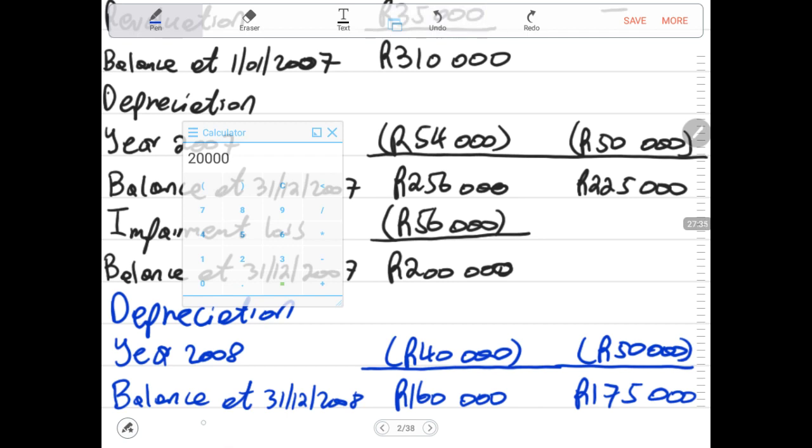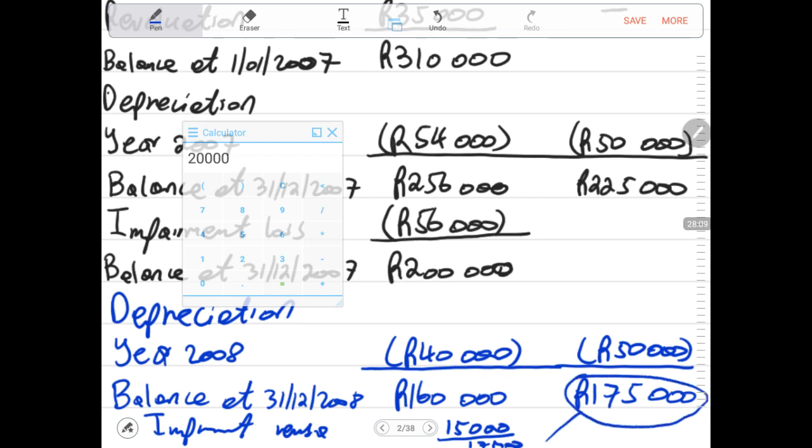That is why the impairment reversal, as I'm closing, will be 15,000 rands. Remember, this becomes positive. So now 160,000 plus 15,000 will give us 175,000 rands, so that our carrying amount in the actual column after the reversal of the impairment is not more than the carrying amount under the historic column.